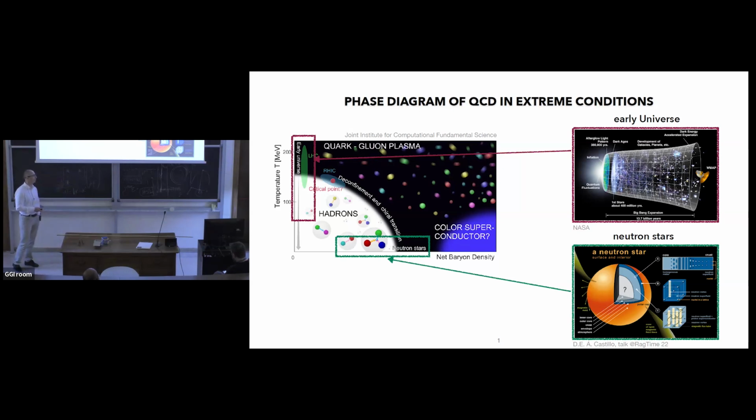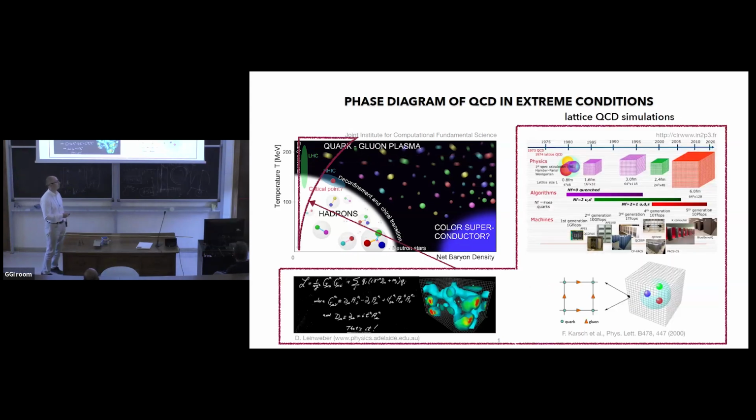And apart from these two, we have our numerical tool, a kind of numerical experiment that we can do on the computer, where we simulate QCD on the lattice, and then we can learn something within this region. But there are some problems going really deep into the region where the matter is filled with net baryon density.